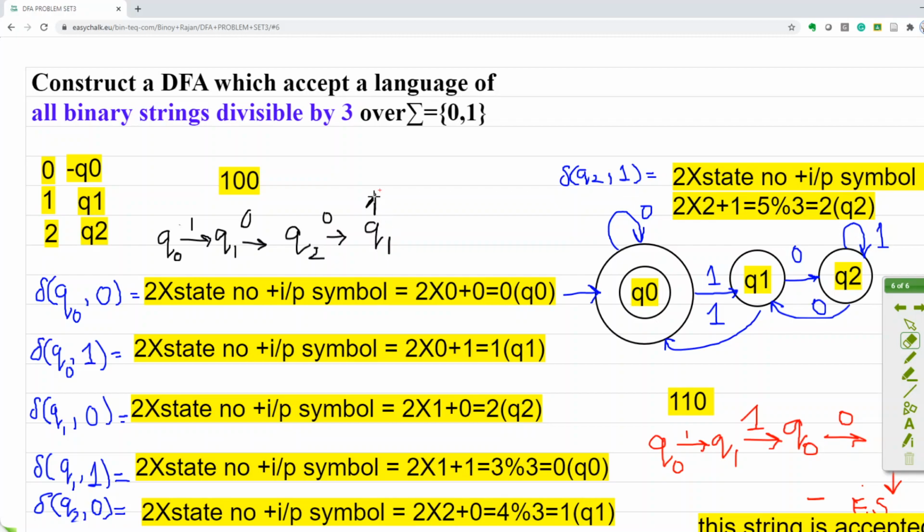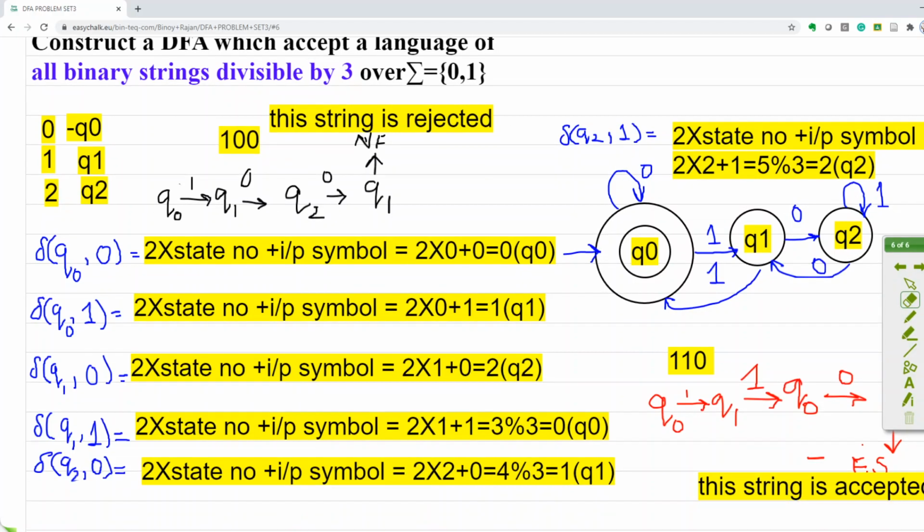So this is a non-final state. Since it's in a non-final state, this string is rejected.